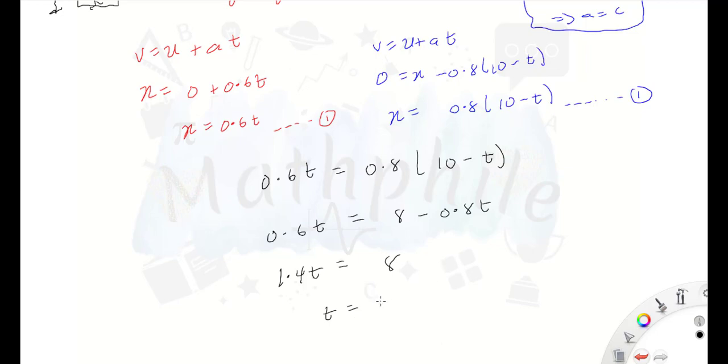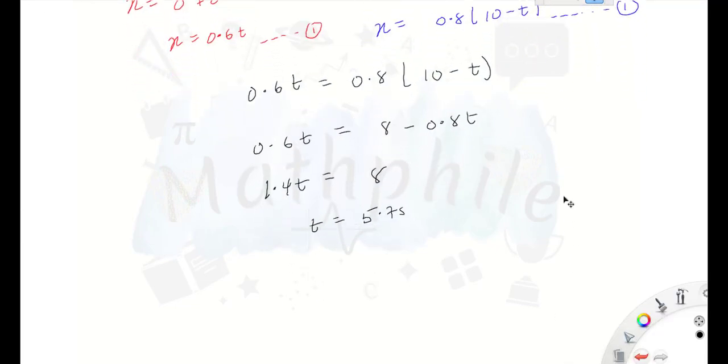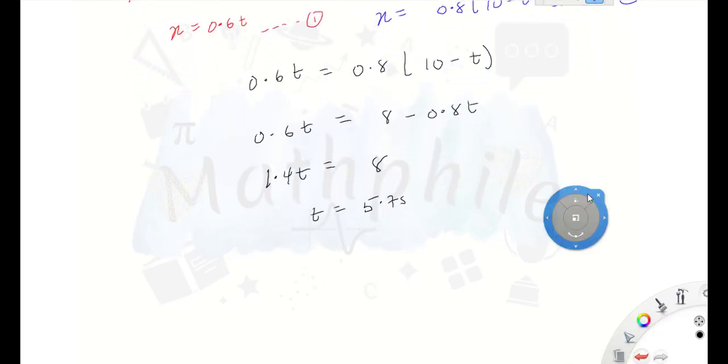We solve for t, and we can also equally solve for x. From equation 1, we're saying that x is equal to 0.6t, so I can solve for x over there. x is equal to 0.6 meters per second times 5.7.